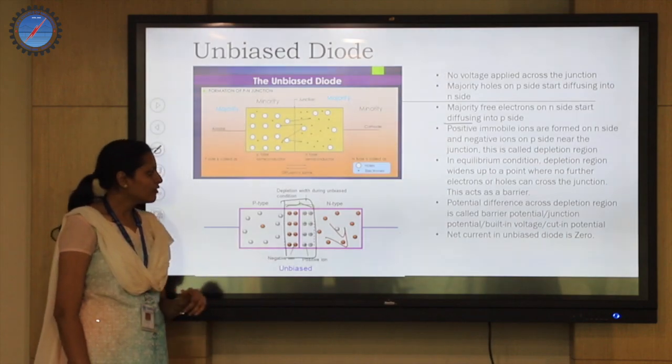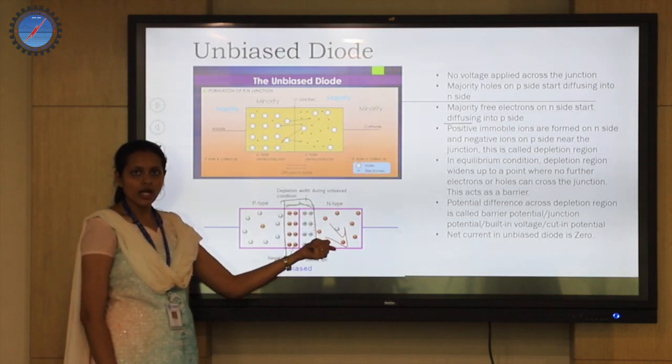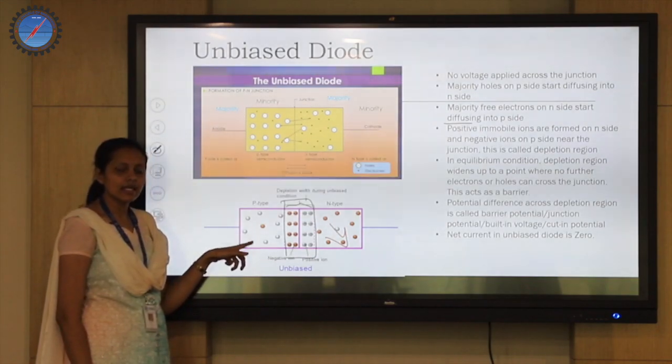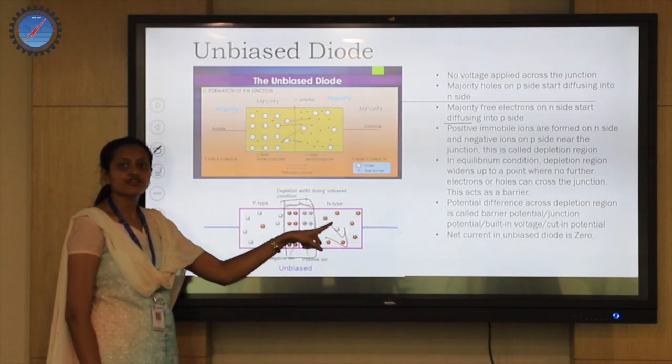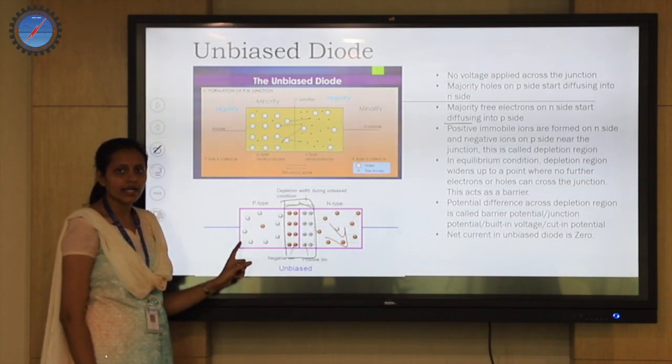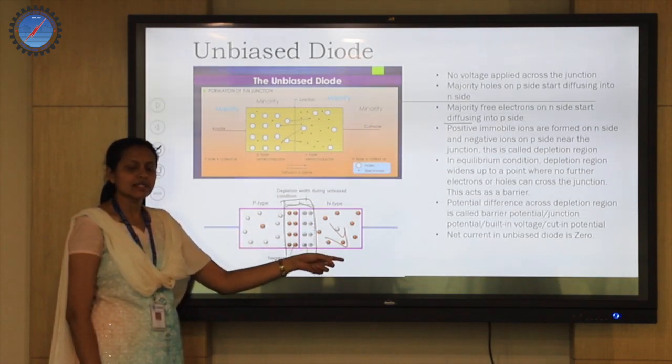But still, we can see here that the number of electrons here is still more and the number of electrons here is still less. So the tendency to establish equilibrium is that electrons still try to move from n side to p side and holes still try to move from p side to n side.